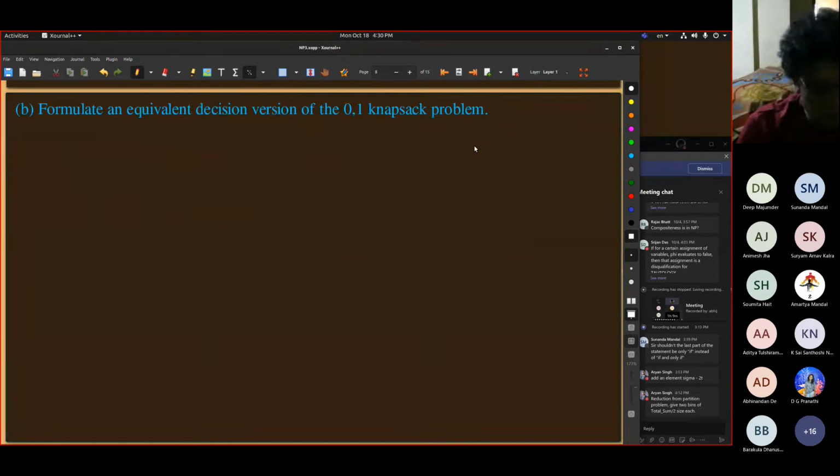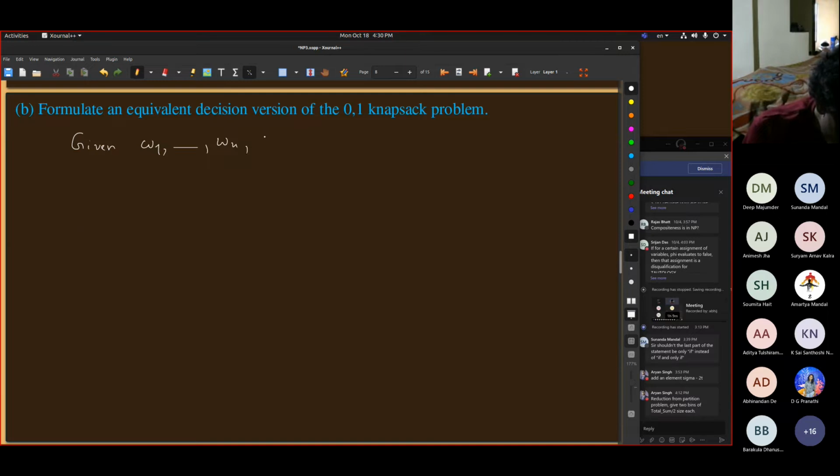Okay. So given the same things, these weights W1 through Wn, profits P1 through Pn, and the knapsack capacity C, and some target profit T, decide whether the profit, I would not say exactly equal to T, that's not a good idea.